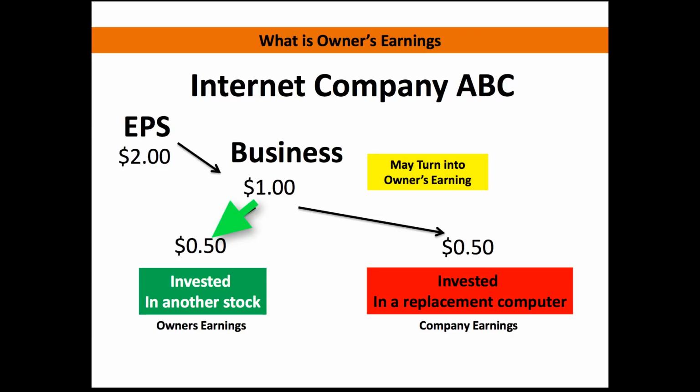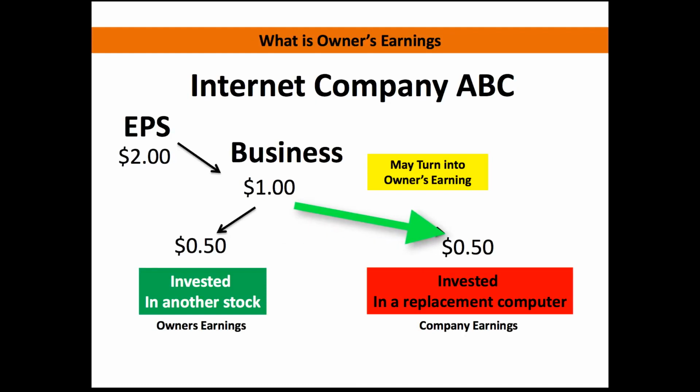So just imagine a company has the ability to take their earnings and actually invest that money into yet another company. And when they do that, that company is going to continue to pay them earnings. When a business does something like this, that 50 cents used to invest in another stock pick is going to show up on their balance sheet as another asset, and so that would materialize into extra book value during the next accounting period.